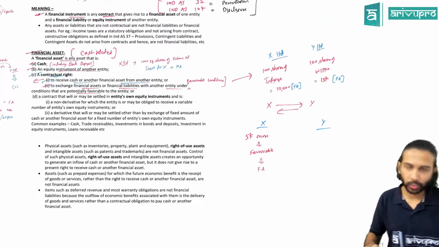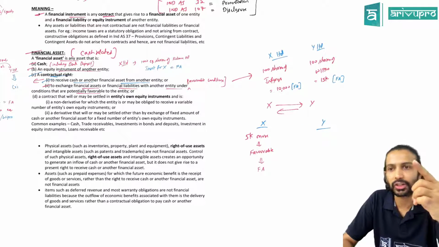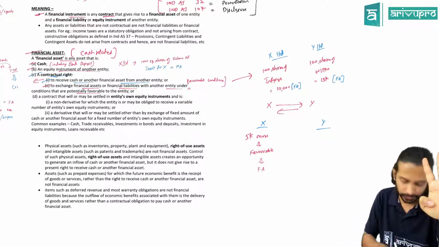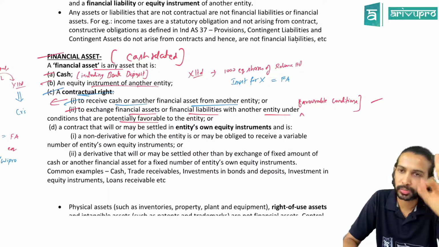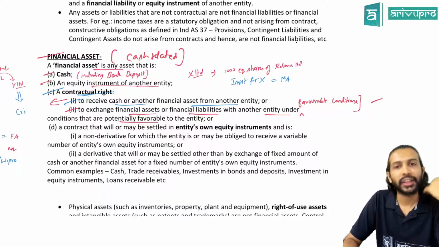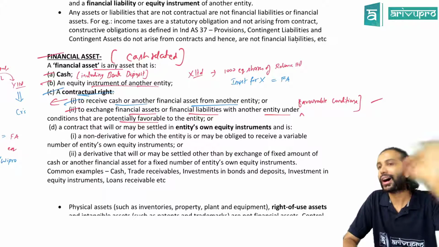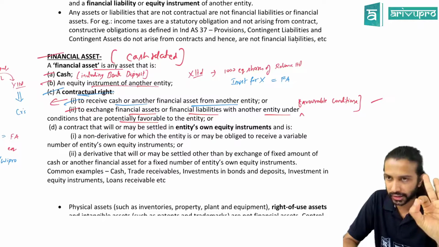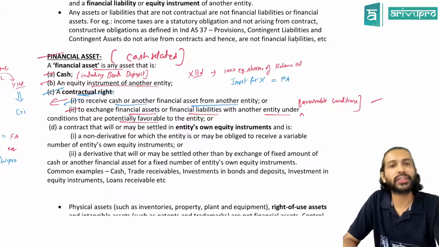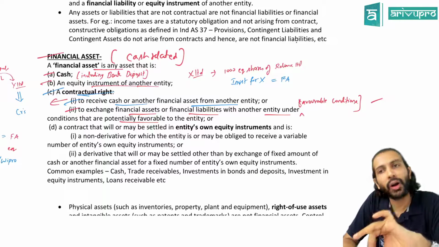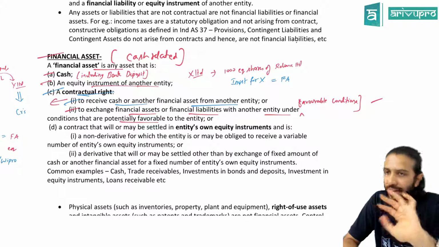Let's have a quick recap. What is a financial asset? Something that has to do with cash. First component is cash, including bank deposits. Second, equity shares of any other company. Third, a contractual right to receive cash or any other financial asset.